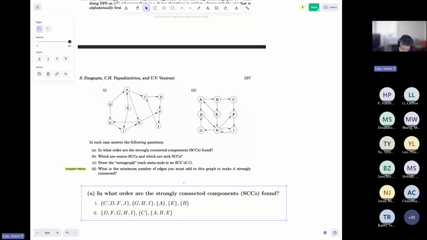Okay, so first we run DFS so that we get to know where all the vertices are pointing at each other, and then we are going to reverse the graphs, right?